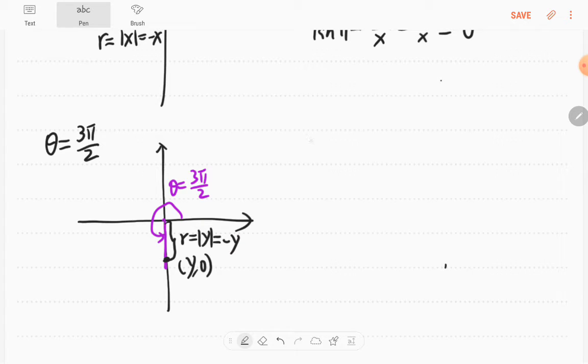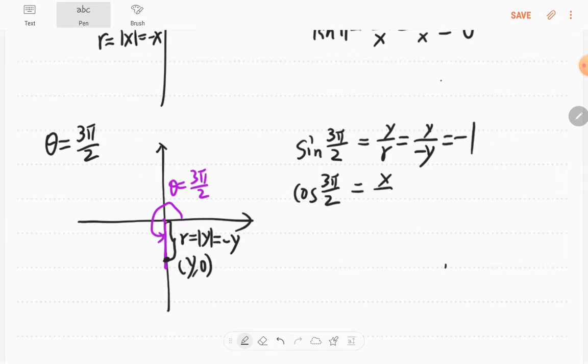So our sine 3 pi over 2 is equal to y over r. Y is y, r is negative y, so it's negative 1. Cosine 3 pi over 2 is x over r. X is always 0. 0 over negative y equals 0.